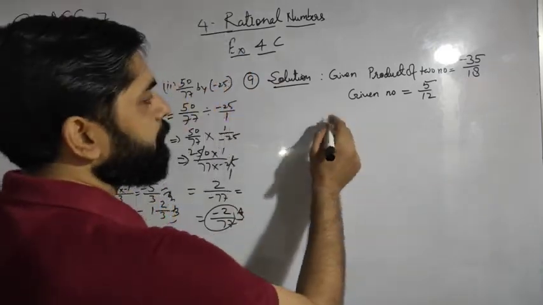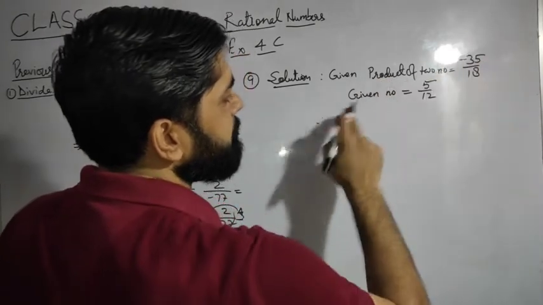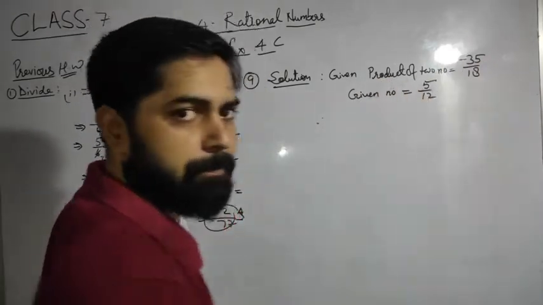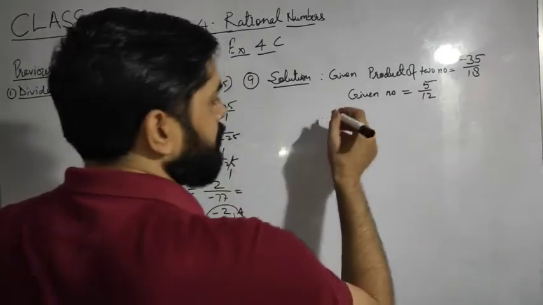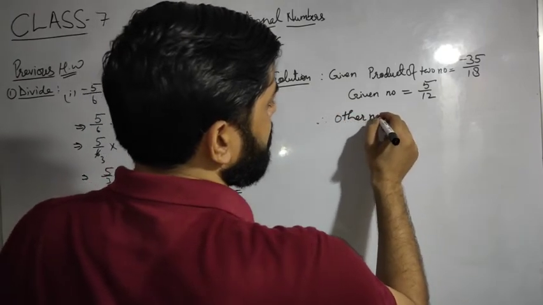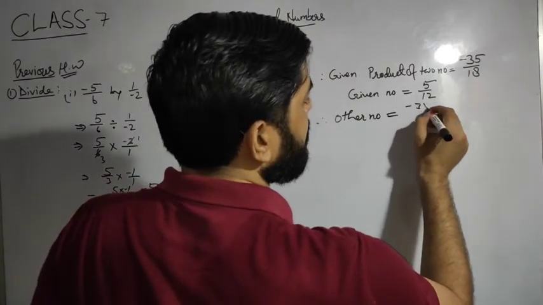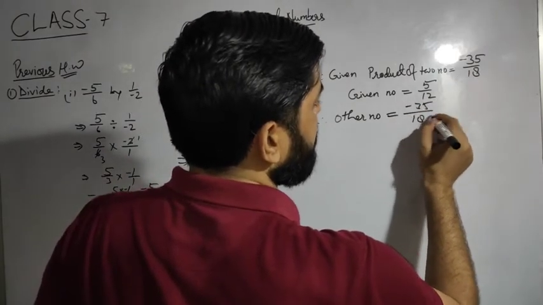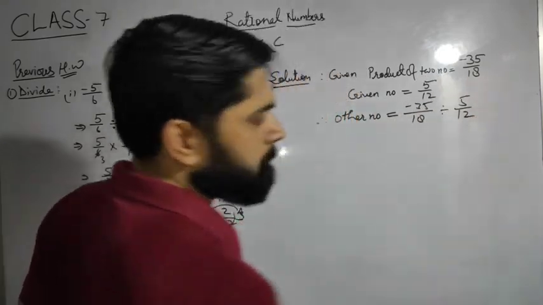So what is given here? Given is the product of two numbers, minus 35 upon 18, and the given number 5 upon 12. Understood? Then therefore, this is the sign of therefore. So therefore the other number is the product upon 18 divided by the given number 5 upon 12.